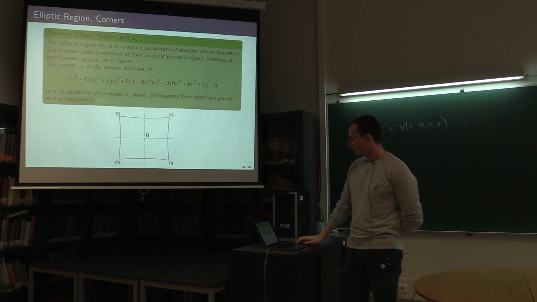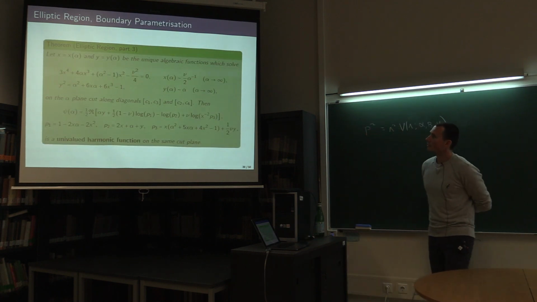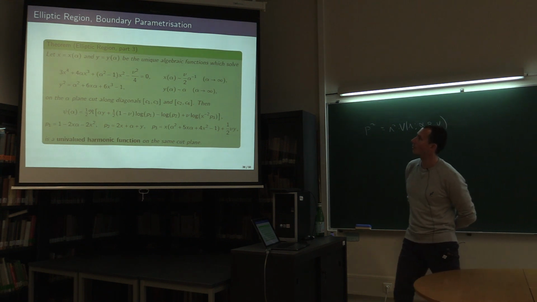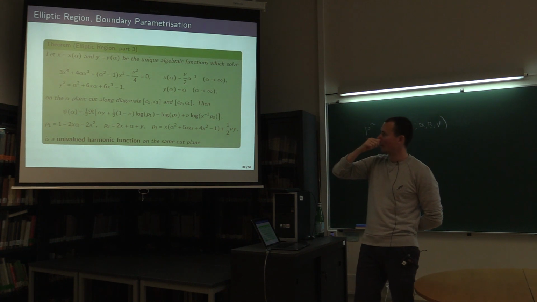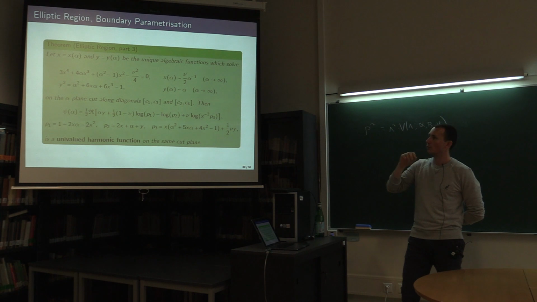Now, to characterize the smooth edges is a bit more involved. What we have to do is introduce these algebraic functions, x and y depending on alpha. They satisfy these 2 polynomial equations, and they're fixed by some asymptotic behavior at infinity.